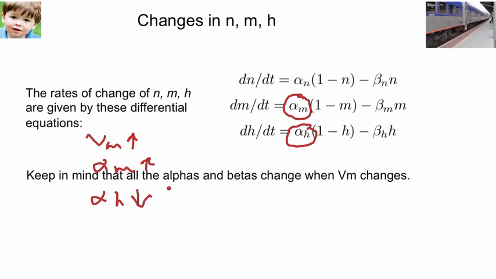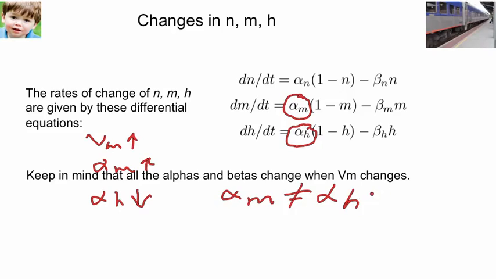So they not only aren't the same value, they may not go in the same direction. They also may not change in the same degree. So these values of alpha and beta, alpha m is not equal to alpha h.